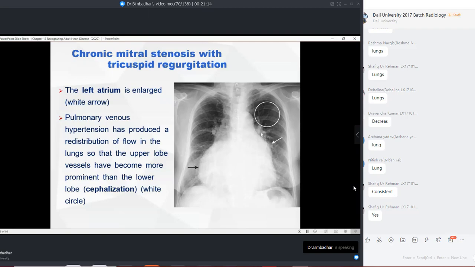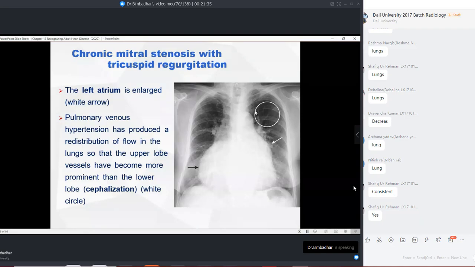So that's the reason we will see a direct influence on the upper lobar pulmonary blood vessels. All of them will eventually show up as prominence. So the first sign that is going to happen is called cephalization.